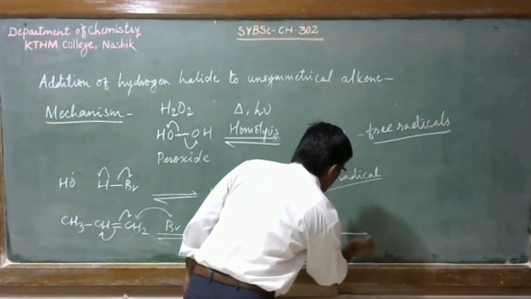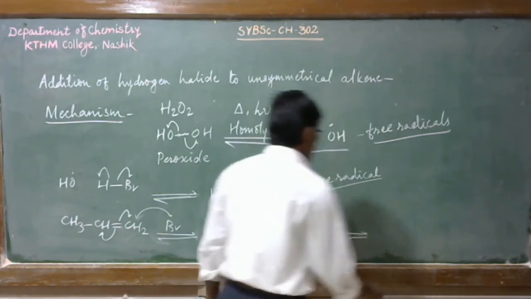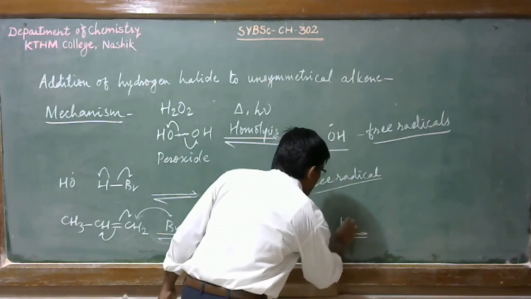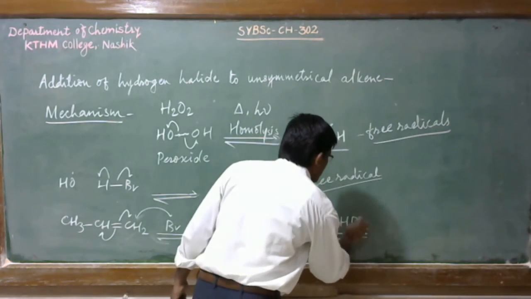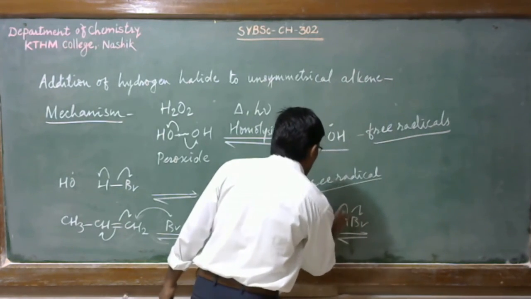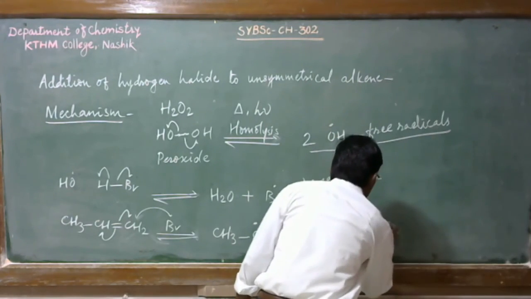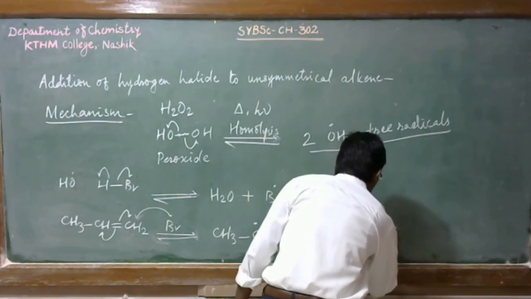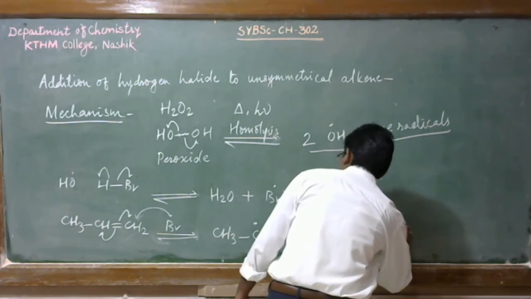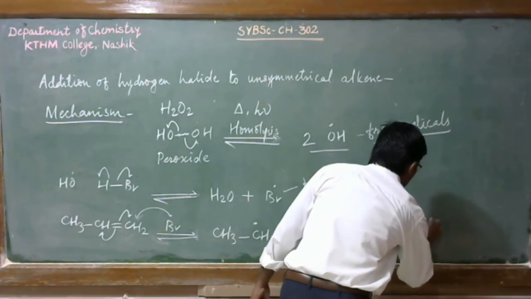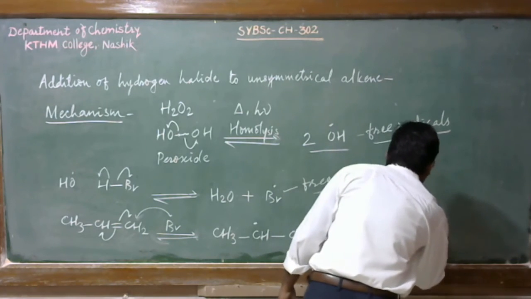Finally, this secondary free radical will add to another molecule of HBr. So this hydrogen will get attached to this secondary free radical.